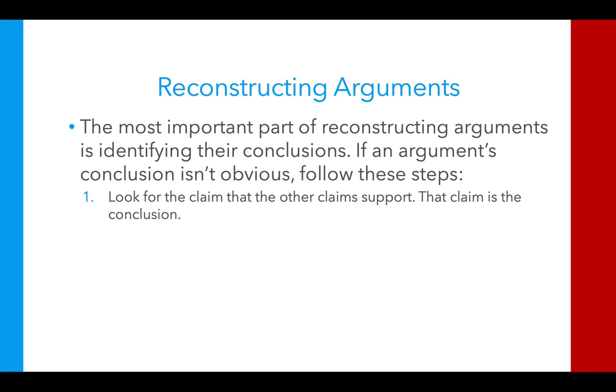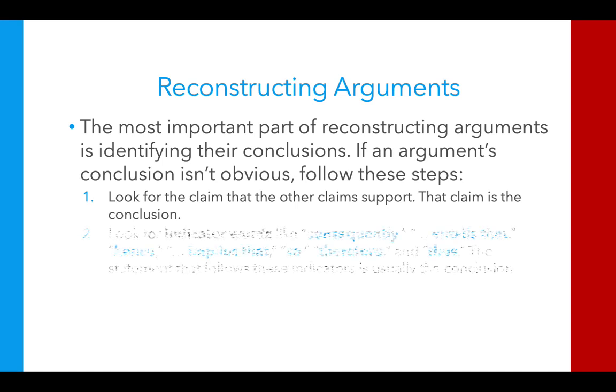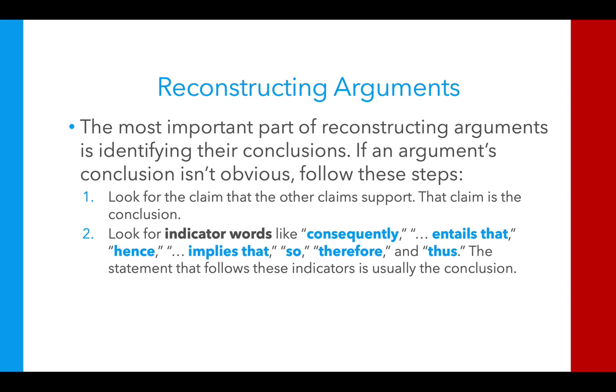That's another thing you can ask for help finding the conclusion. The goal is to look for indicator words, like consequently, entails that, hence, implies that, so, therefore, and thus. Any statement, any proposition, that follows these indicators is usually the conclusion.